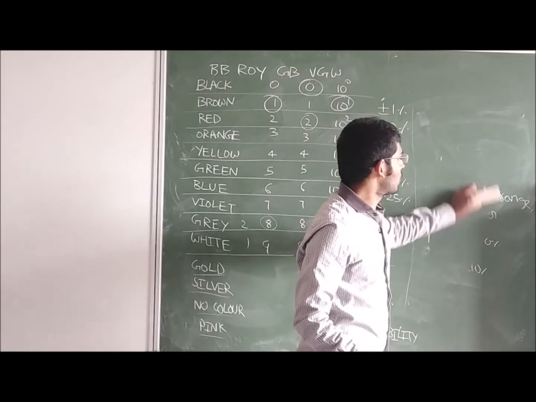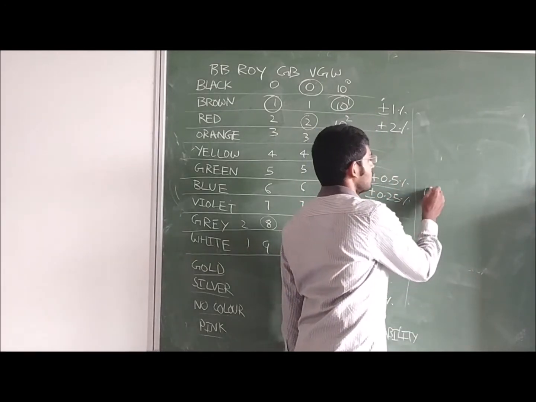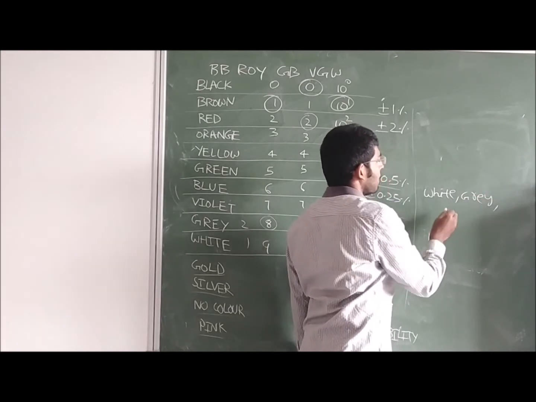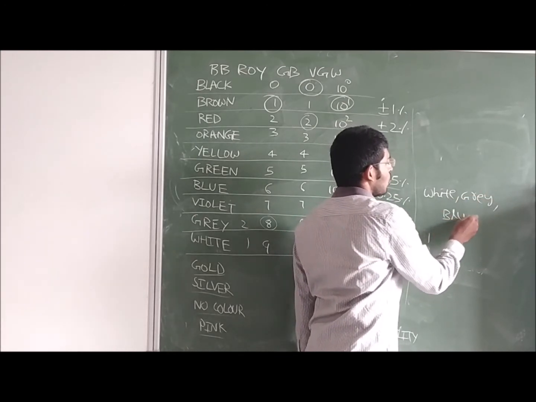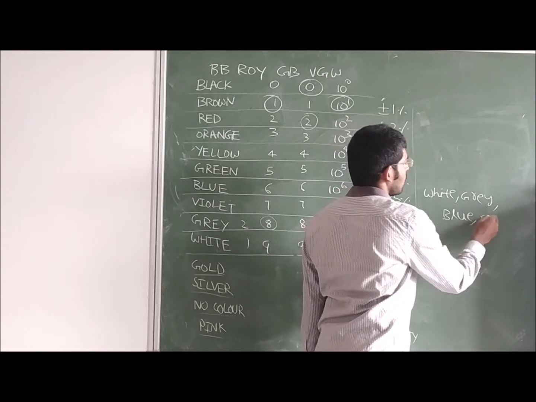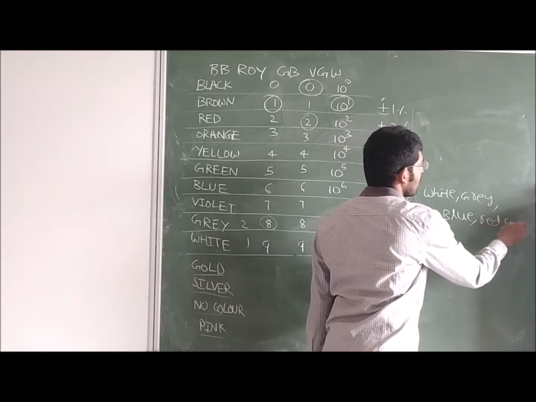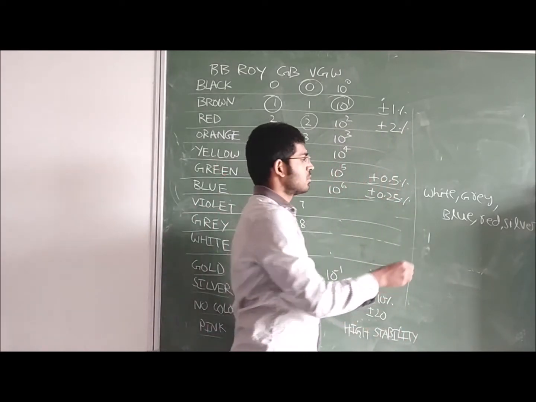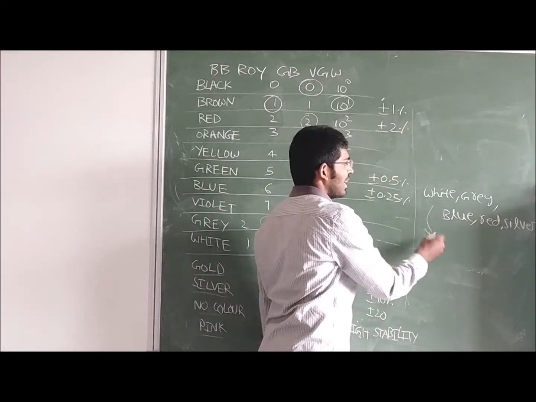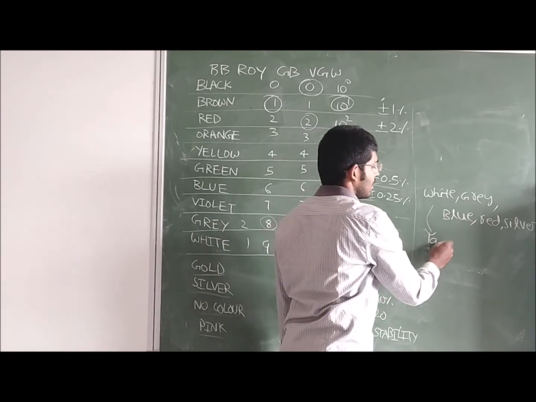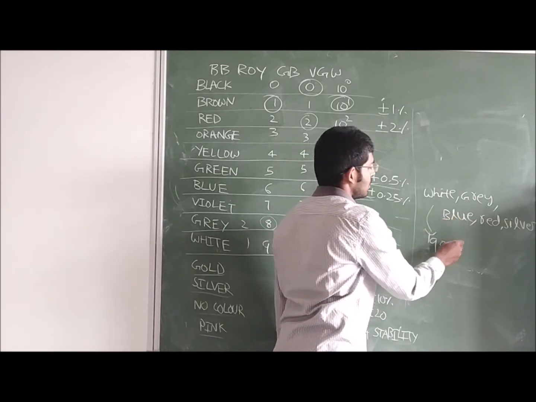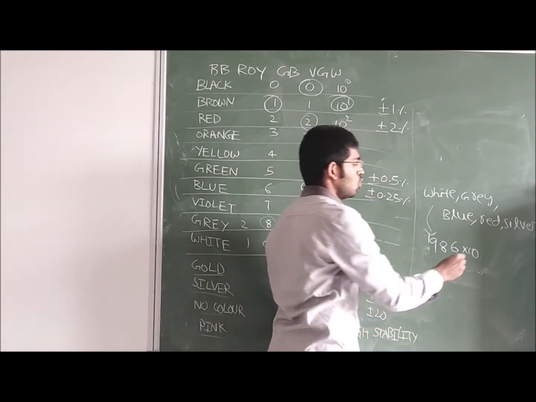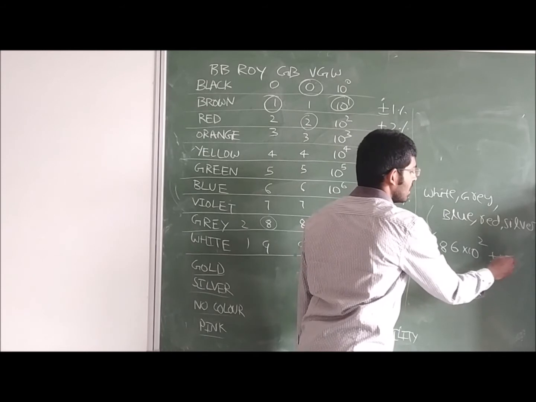Now, white, grey, blue, red, silver. White means 9, grey 8, blue 6, red 10 to the power 2, silver plus or minus 10%.